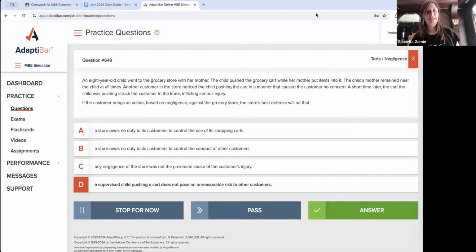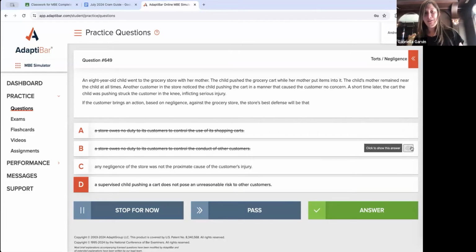When I was looking at the answer choices, A and B are actually kind of true because you owe a duty to the customers to provide a safe environment. So I feel like A and B are true and they're not the answers. And then C has the word any, and I remember any is a very skeptical answer choice.